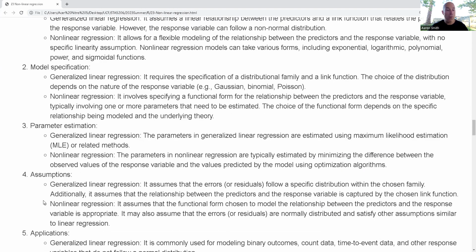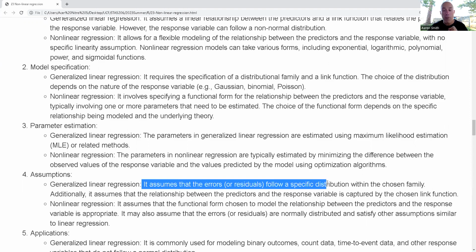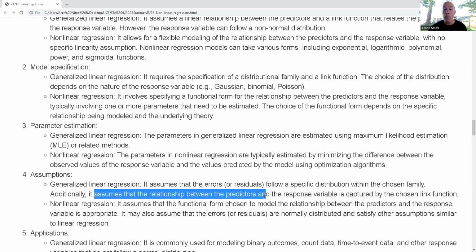Now, for assumptions, generalized linear models assume that the errors or residuals follow a very specific distribution within the chosen family. Additionally, GLMs assume that the relationship between the predictors and the response variable is captured by the link function.